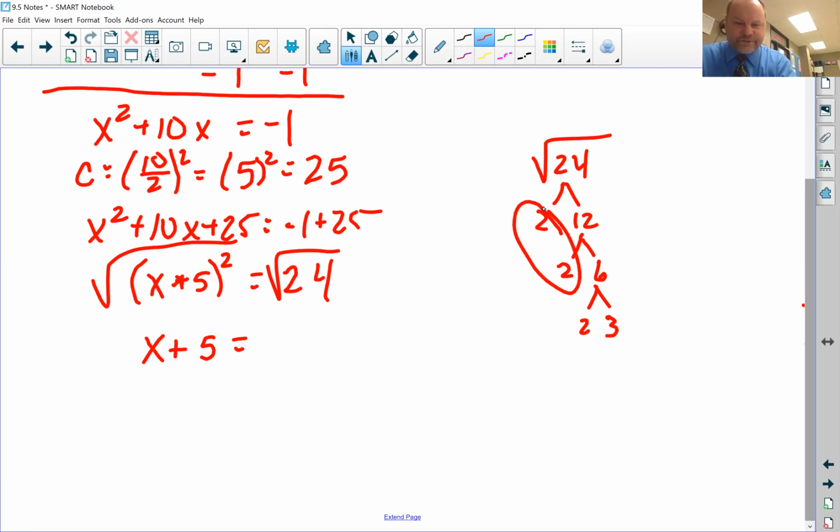So I have a factor pair of 2s, and then 2 numbers that are not a pair. So the way we write this, we still put the plus and minus, 2, and then 2 times 3 is 6.